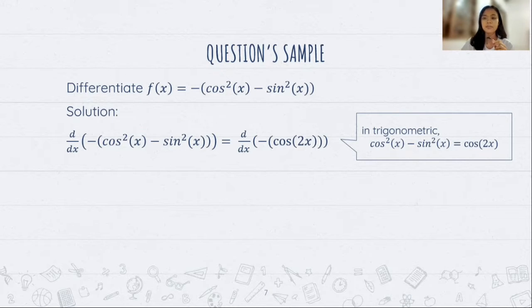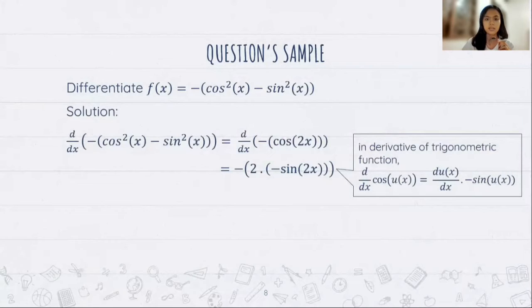Because in trigonometry, we know that cosine squared x minus sine squared x equals cosine 2x. So, d over dx of minus cosine 2x equals minus 2 multiplied by minus sine 2x.